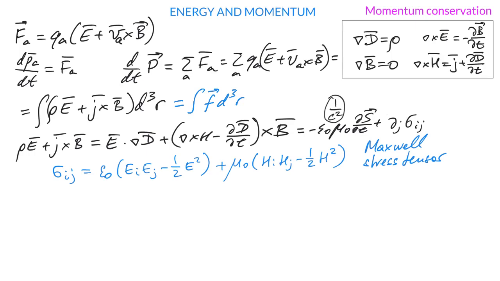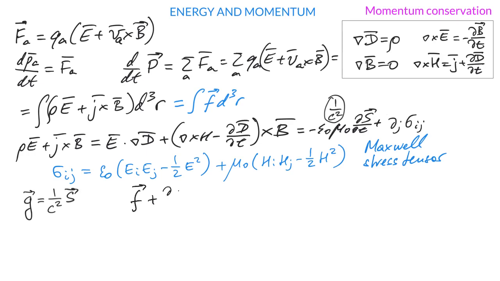We can also introduce the notation g for 1 over c squared S. This is the quantity that sits here under the derivative. And then we can write the left-hand side as f. We'll take g to the left-hand side.